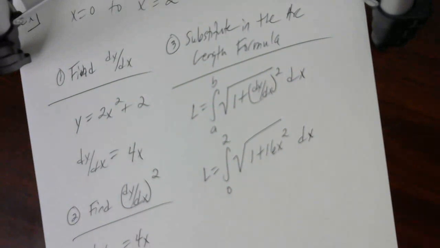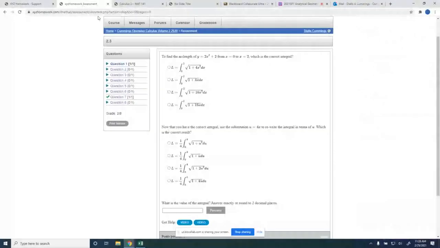If I go back to the desktop screen, this would be the integral from 0 to 2 of the square root of 1 plus 16x squared dx. Now we're asked to substitute u for 4x and to rewrite the integral in terms of u.